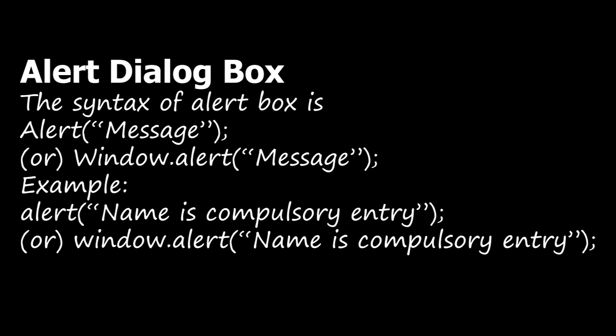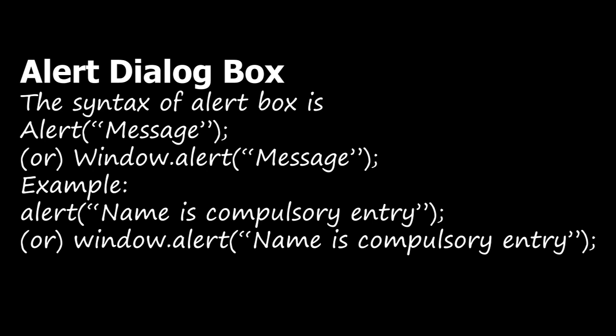If you are not giving the semicolon also, this line would be an error. So the syntax of this alert box is alert, inside the bracket, inside double quotes, you have to give the message. Whatever you give inside this message will be displayed in the output in that pop-up alert box, right?